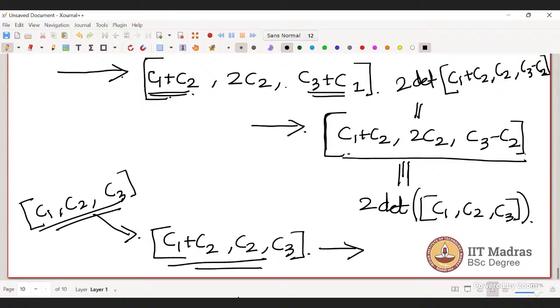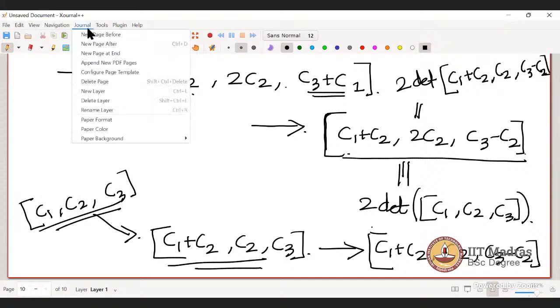Now it's clear. Second one added to first one, then second one subtracted from the third one. Then the determinant of this one is the same as C1 plus C2, C2 and C3 minus C2. Basically, we have to just follow the row reduction or column reduction method. True. Okay.